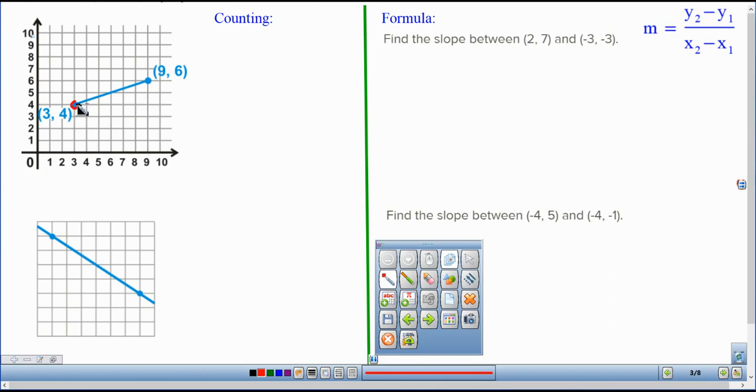Here's one of those points. There's actually one here. There's another one here. I'm just going to use the two that were labeled, and we're going to find what is called, and I know this is a familiar phrasing, rise over run. And so we're going to calculate our rise by counting up or down from one point to the height of the other point.